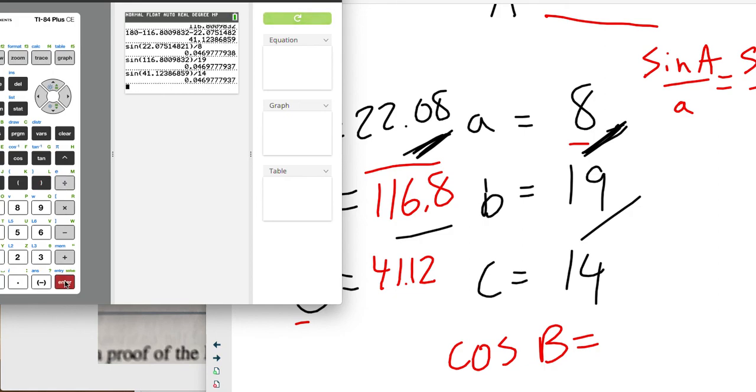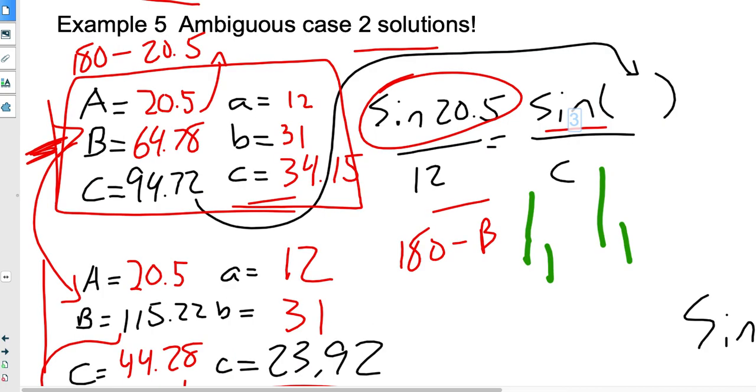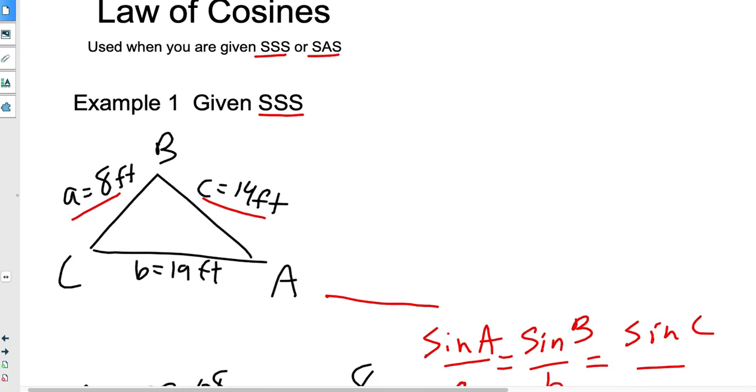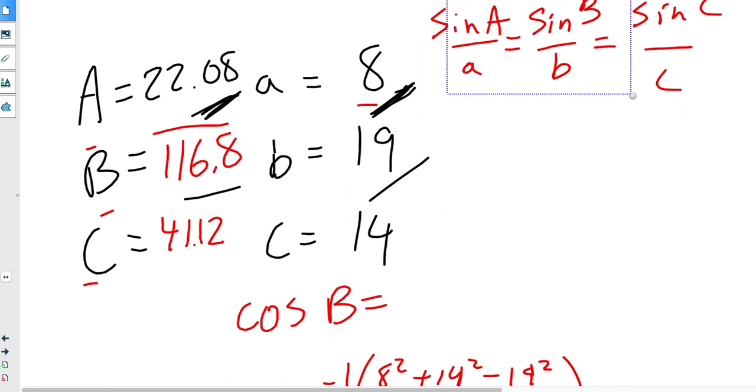Okay, they're all the same. I just have one of them that looks a little bit rounded off, but they're all exactly the same. So that's how you can check on your test. Just check with the law of sines real quick. But a real easy check is these angles should add up to 180, and the smallest angle should be opposite the smallest side, biggest angle opposite the biggest side. Okay, so hope this helps.